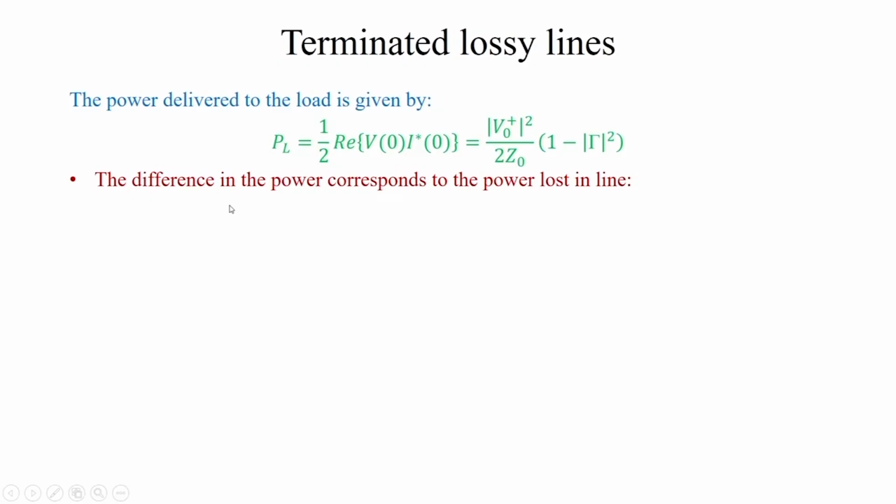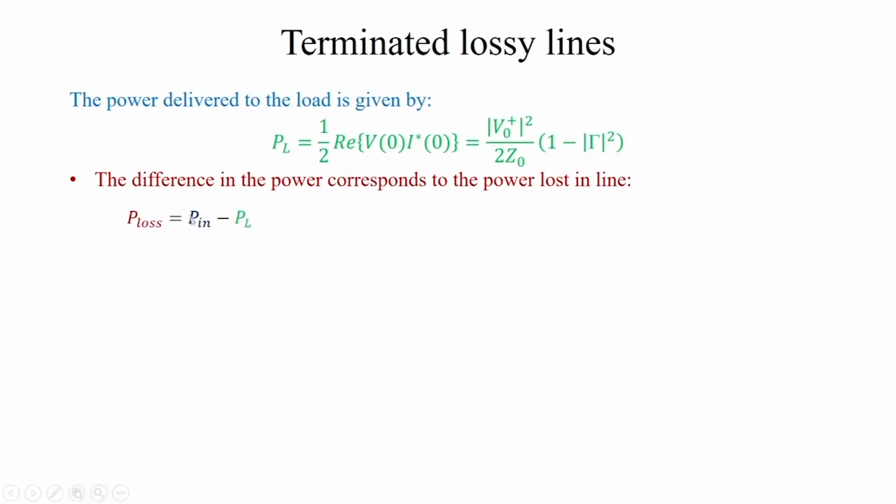Whatever power we compute at z is equal to minus L and the power that we compute at the load position, if we take the difference of these two powers, that will give us the power lost in the line.